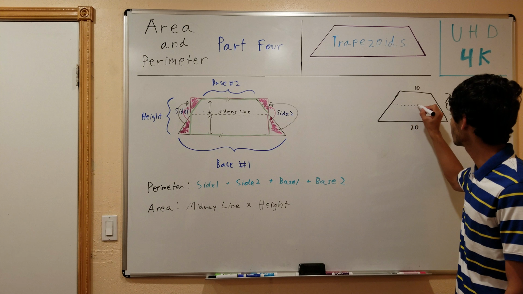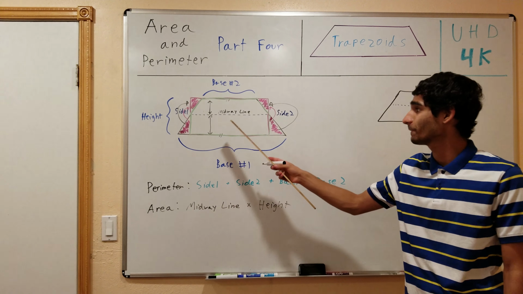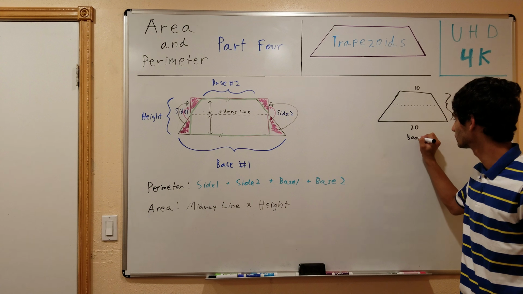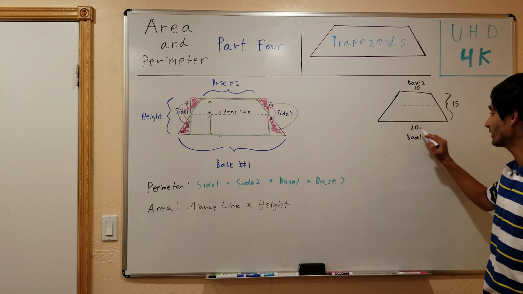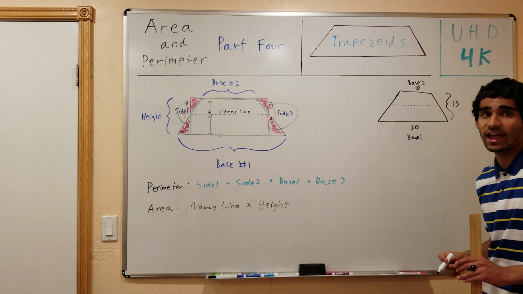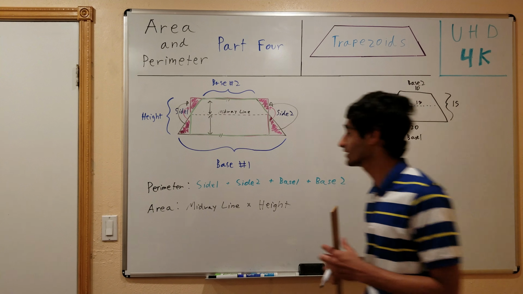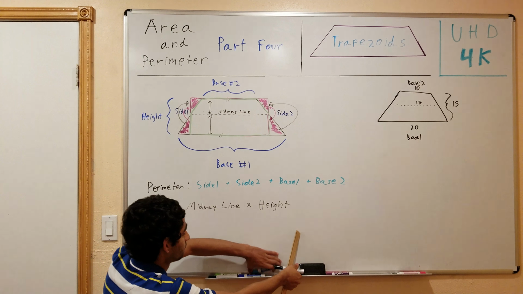I need to find the length of the midway line, right? Well, keep in mind that the midway line is simply going to be the average of base 1 and base 2. So that means if base 1 is 20, base 2 is 10, what is the average of 20 and 10? It's 15.